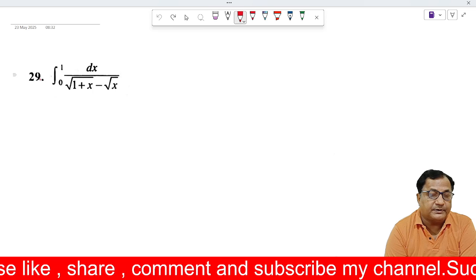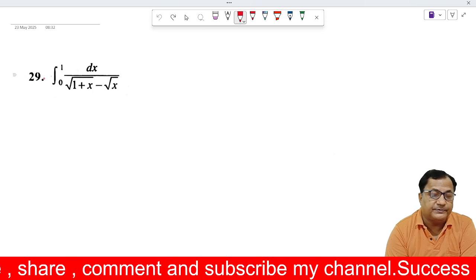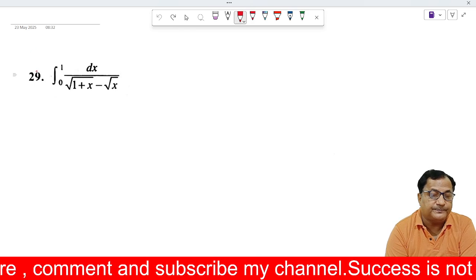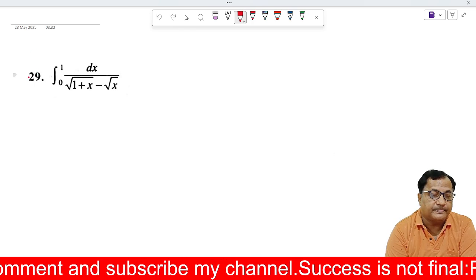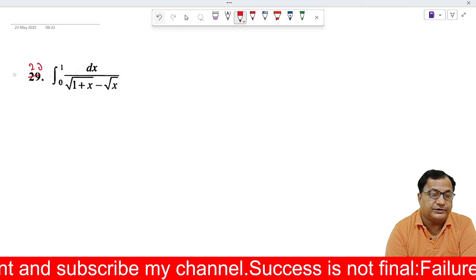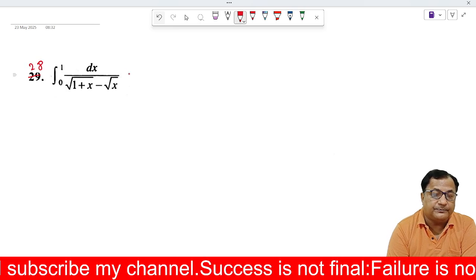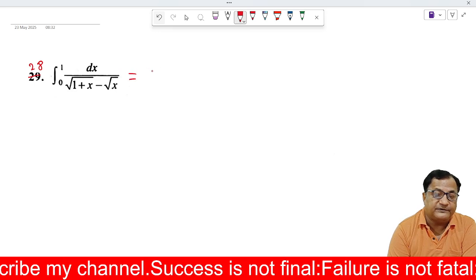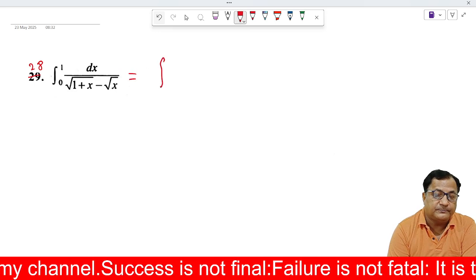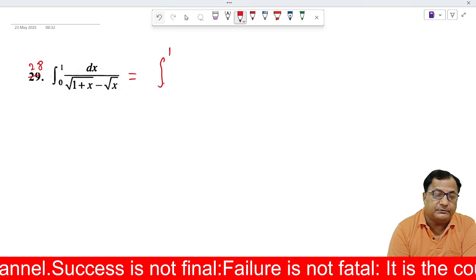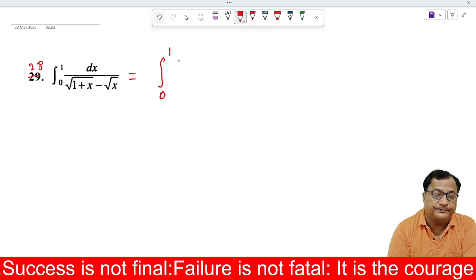Do question number 28. This is question number 28. We have to find the definite integration of this, from 0 to 1.